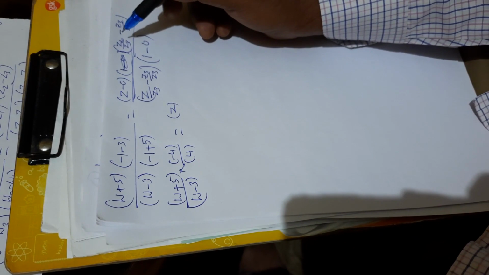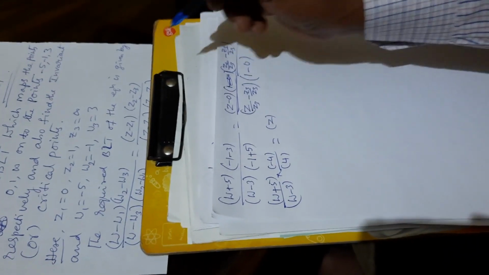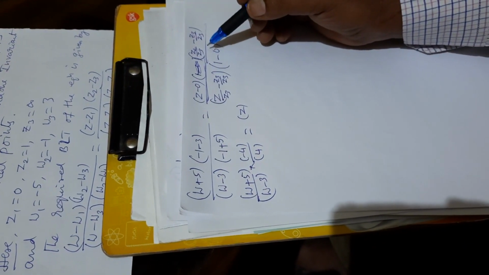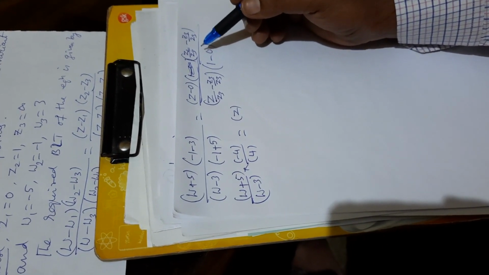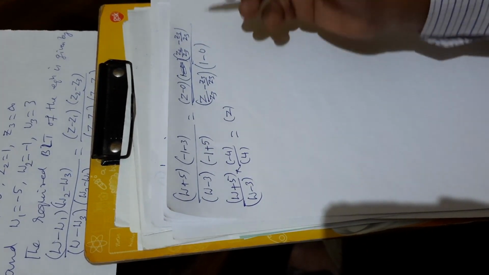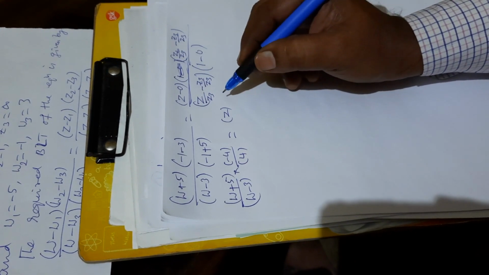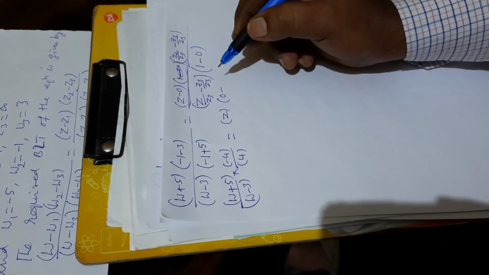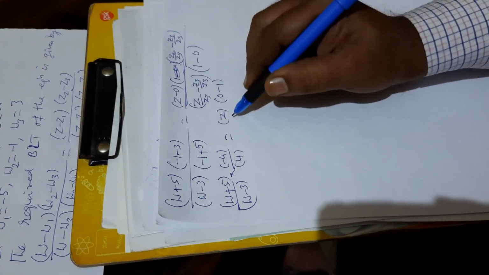Here Z2 is 1 divided by Z3. What is infinity? Any number by 0 is infinity, and 0 goes to the numerator. 0 by anything is 0. Minus Z3 by Z3 is minus 1.